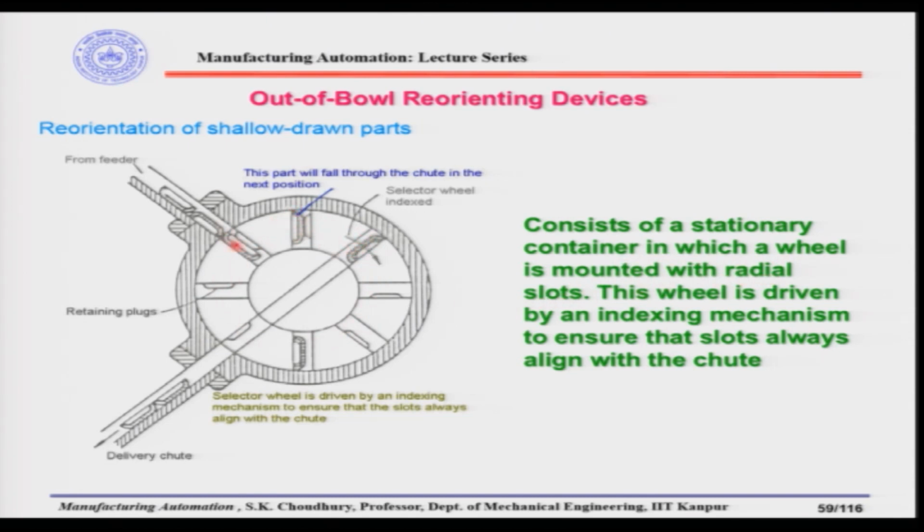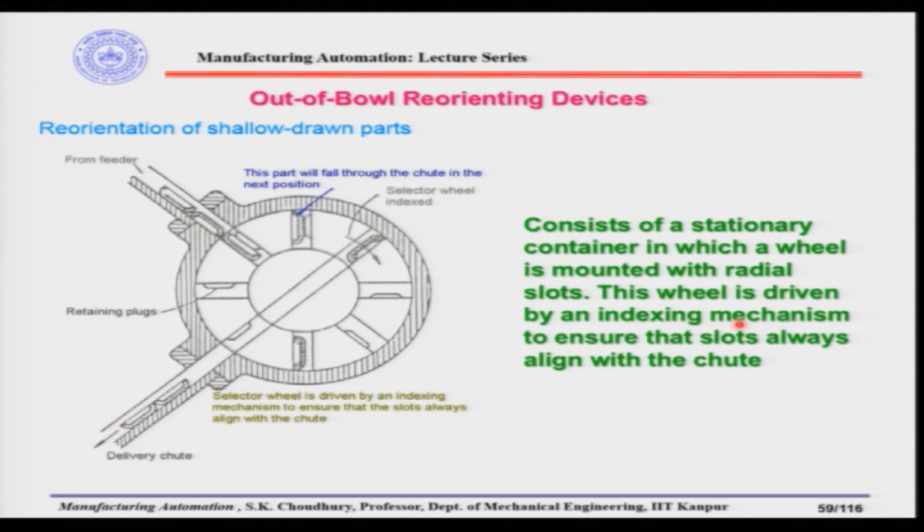This wheel is driven by an indexing mechanism, because when this position will come here, it has to stop for some time, so the part can be stripped off and slide down the slot and go to the delivery chute.